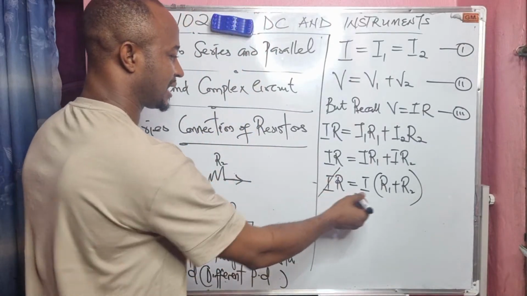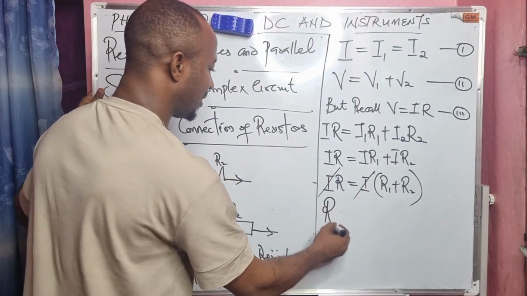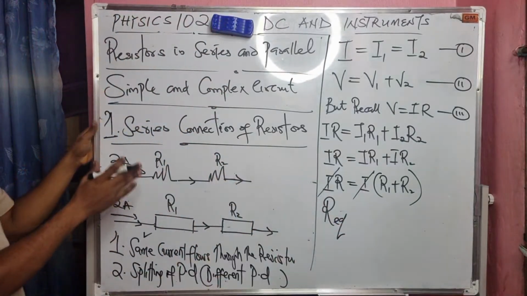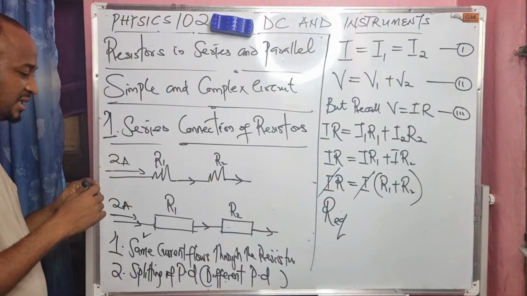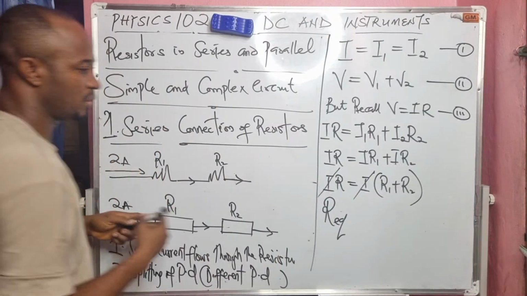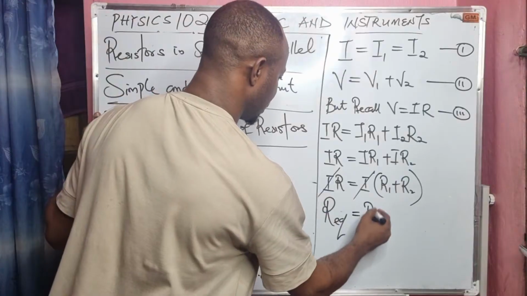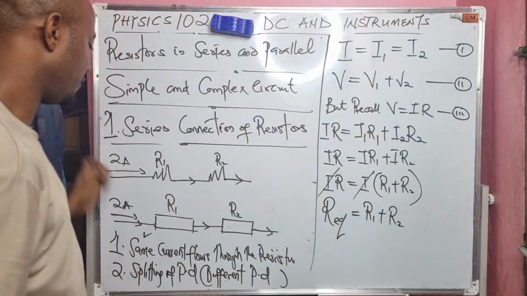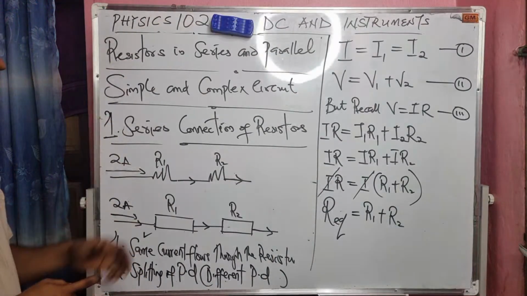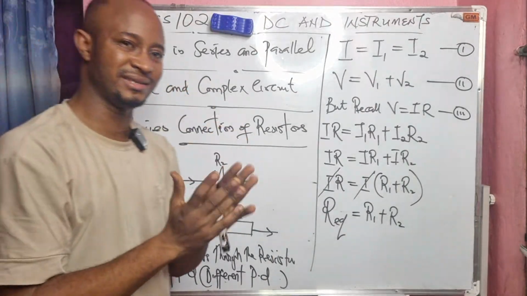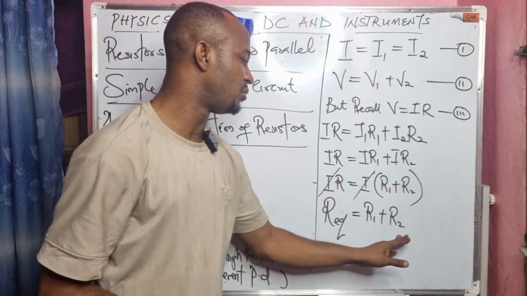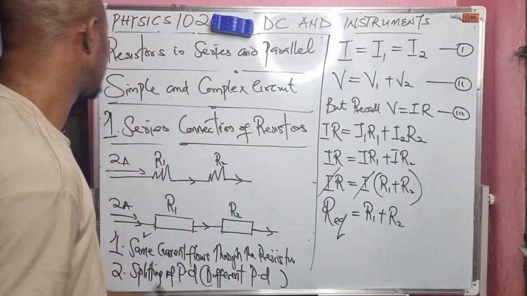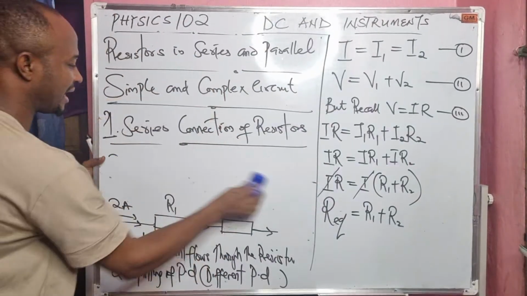From here, I can cancel I. So our equivalent resistance, meaning the total sum of the resistance in a series connection, will be equal to R1 plus R2. So for resistors in series, to find the equivalent resistance, we just sum up the resistors, which is R1 plus R2. Suppose we have a diagram like this.